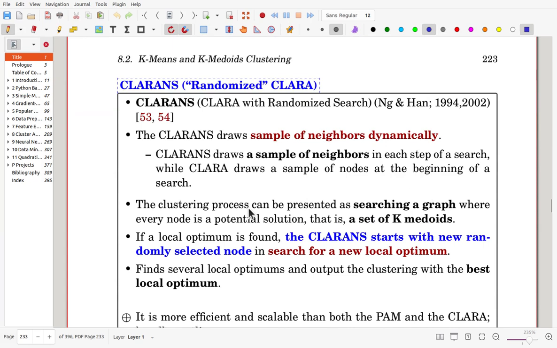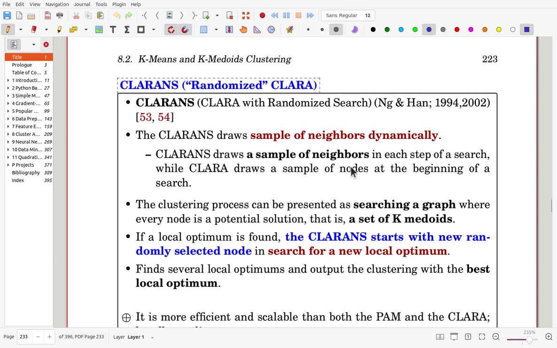Here we have CLARANS, randomized CLARA, and CLARANS draws a sample of neighbors dynamically. CLARANS draws a sample of neighbors in each step of a search, while CLARA draws a sample of nodes at the beginning of the search.